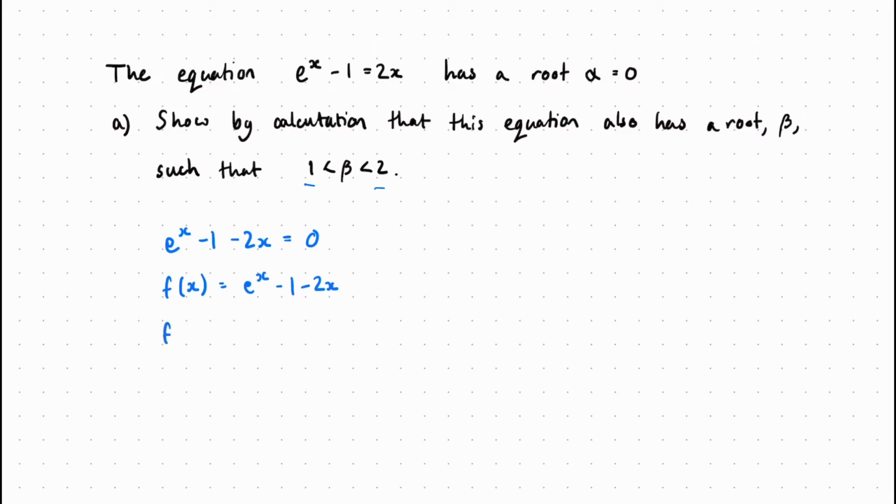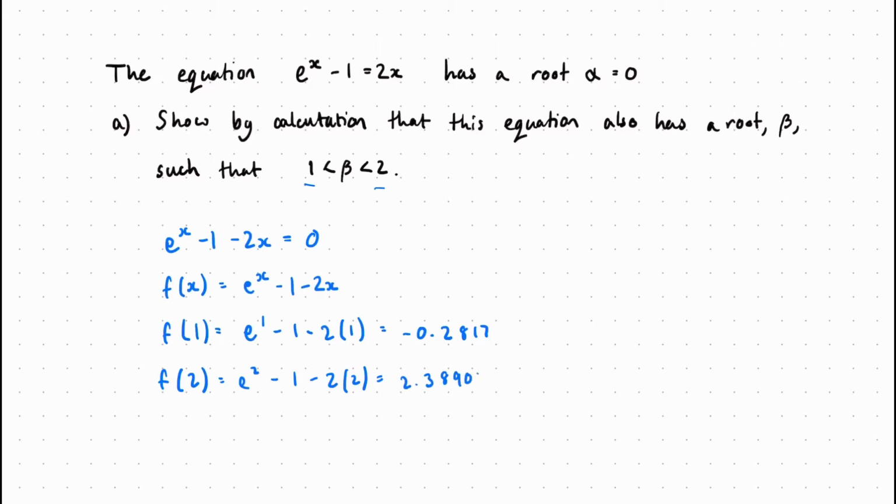So f(1) is equal to e to the power 1 minus 2 lots of 1, which is equal to minus 0.2817. f(2) is equal to e to the 2 minus 1 minus 2 lots of 2, which is equal to 2.38905.